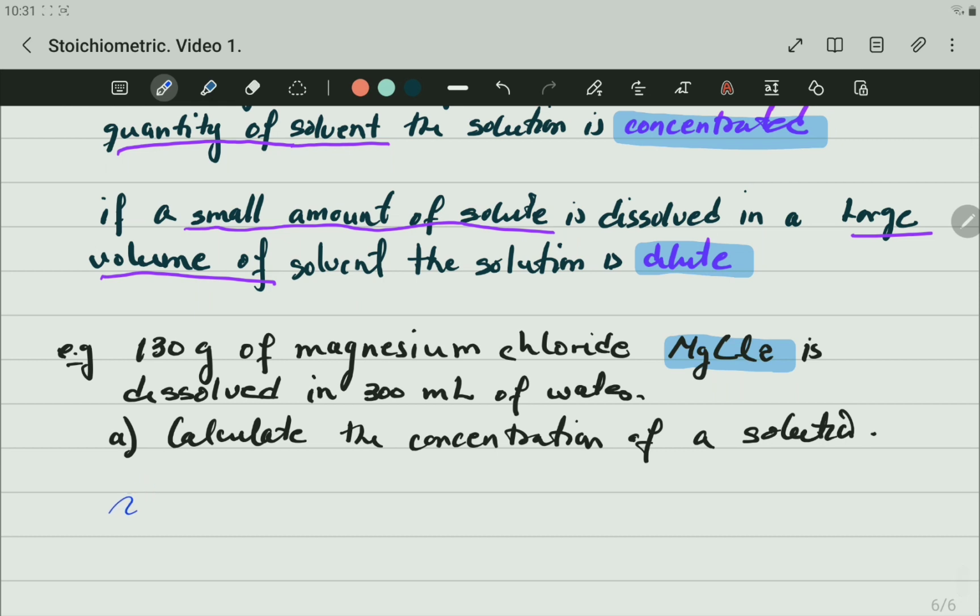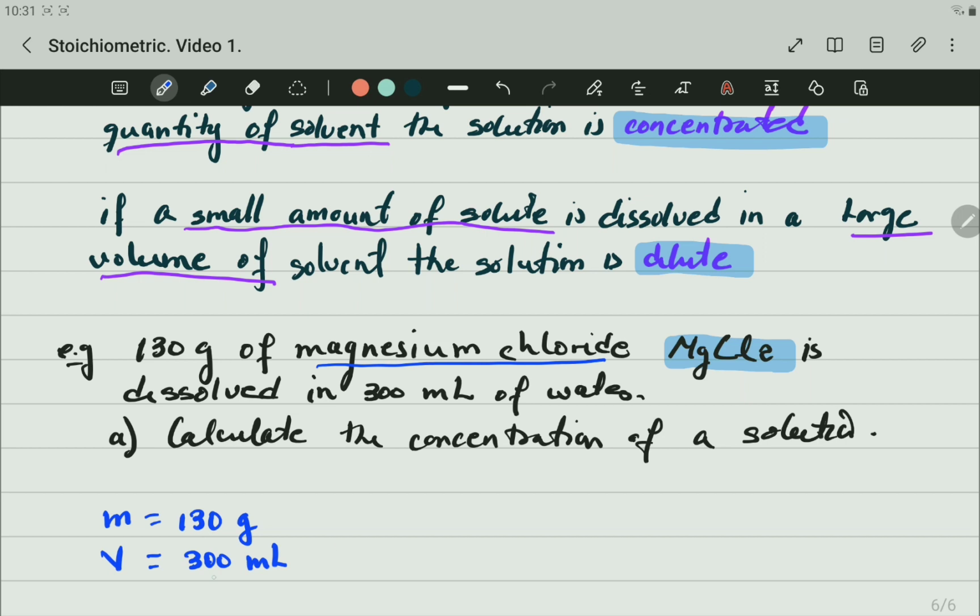The mass of magnesium chloride is equal to 130 grams. We know that the volume of the solvent is going to be equal to 300 milliliters.